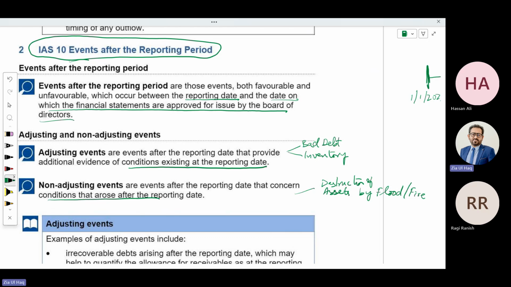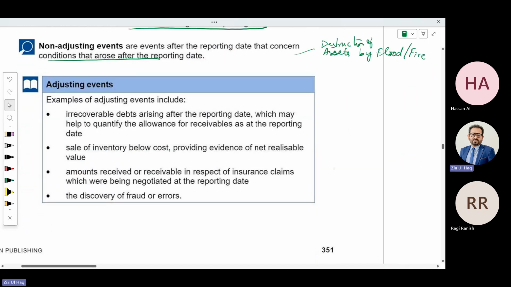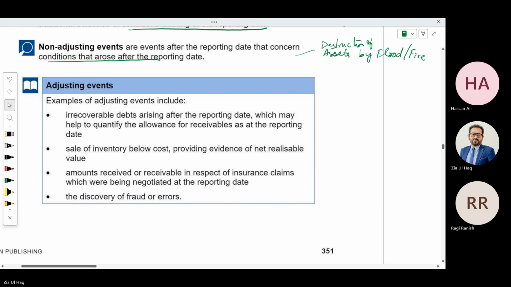Just for the help of shareholders. This is called a non-adjusting event requiring disclosure in the financial statements. Can you understand what is adjusting and what is non-adjusting?